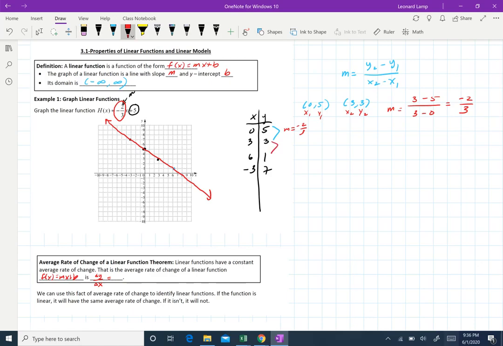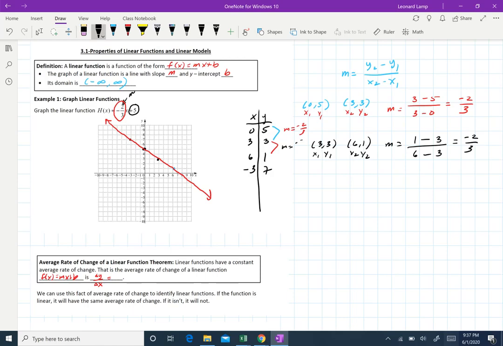And if I did it again for these points, (3, 3) and (6, 1), label them again, plug into my formula, y2 minus y1 over x2 minus x1, negative 2 over 3.